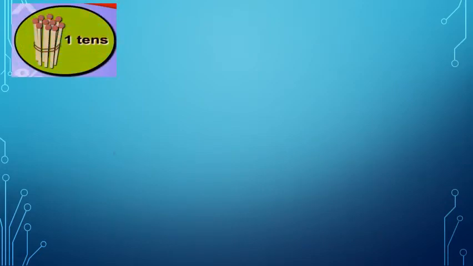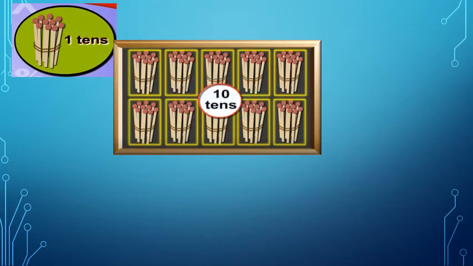Now dear students, see this. This is 1 ten, which means 10 sticks tied together with a string, then it became a bundle of 10. Means there are 10 sticks in one bundle. Now how many bundles can you see in the second frame? There are 10 bundles of matchsticks, and each bundle has 10.